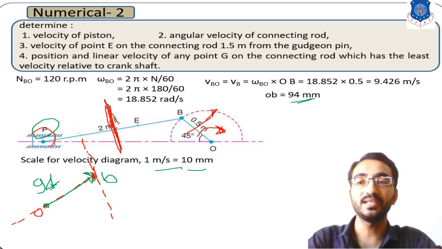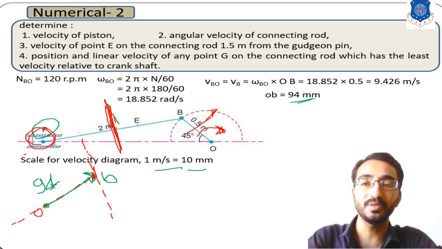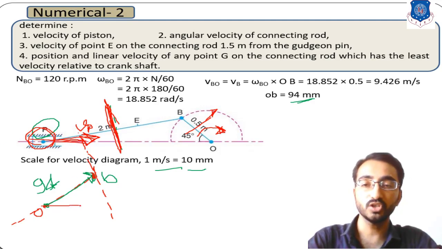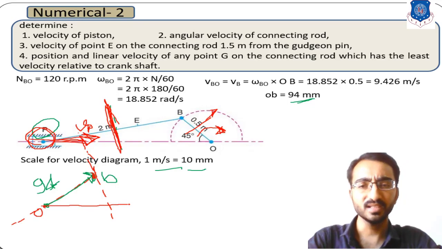Now point P, that is your link number 4. Now this point P, or we can say slider P. Now slider is moving in horizontal direction, and we have learned that the motion of slider will define the velocity of slider, because velocity of slider is always in the same direction of motion because it is moving in horizontal direction. So the motion of this slider will define the direction of velocity.